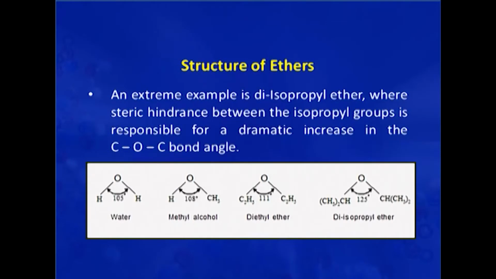Here you can see that in diisopropyl ether, the 2 isopropyl groups are so large in size that they actually repel each other. As a result, the COC bond angle goes to a limit of 125 degrees.